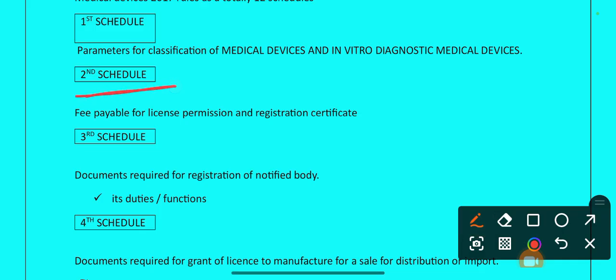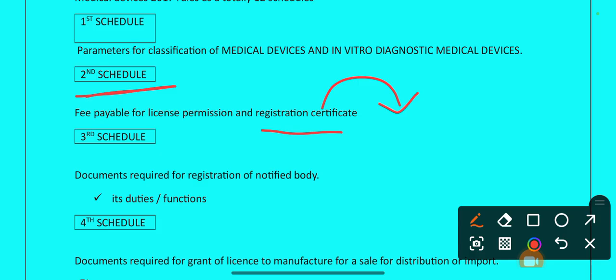Next, Schedule 2. What is Schedule 2? Schedule 2 is the fees payable for license, permission and registration certificate. What follows in Schedule 2 of the Medical Devices Rules, 2017? Fees payable for license, permission and registration certificate.